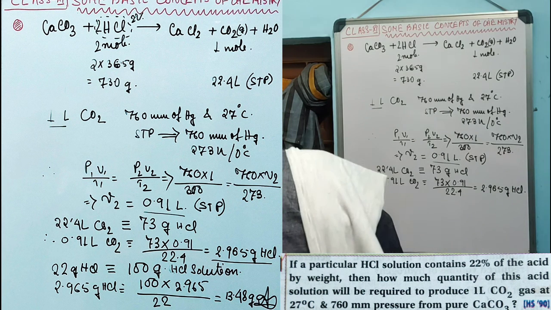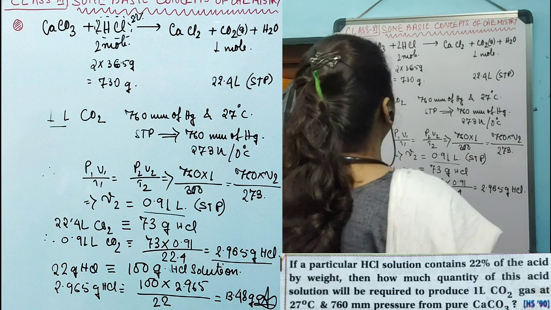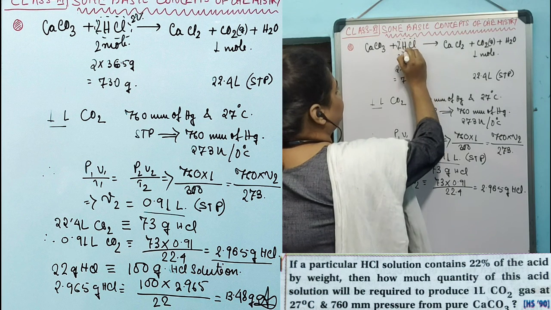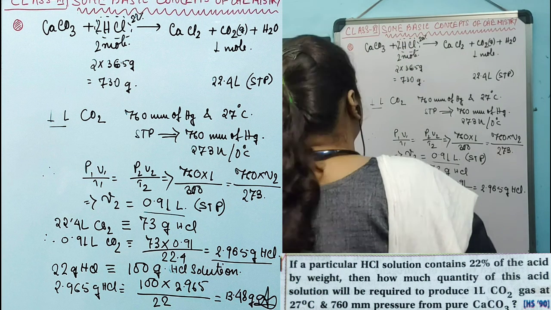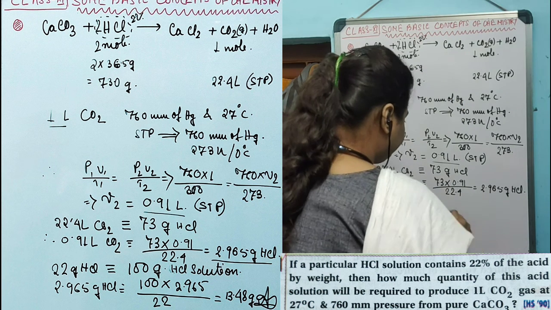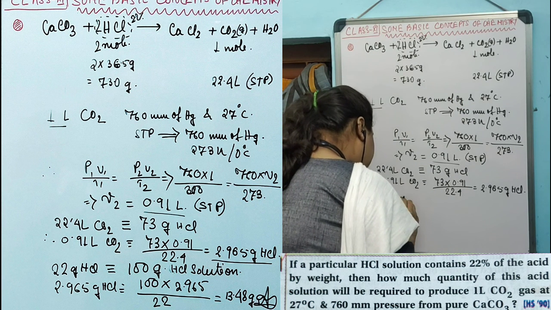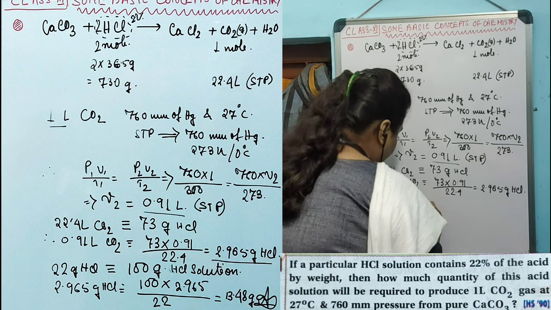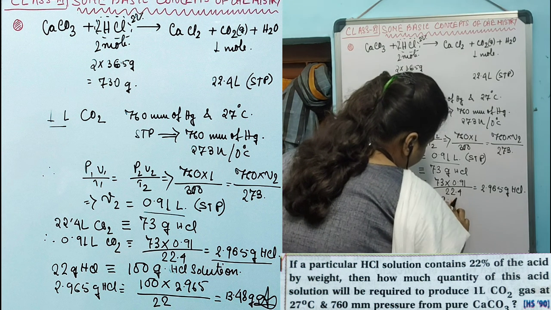Another information that they had given is that the HCl acid that they had taken is 22%. That is, when 22 gram HCl is needed, we need to take 100 gram of the HCl solution.